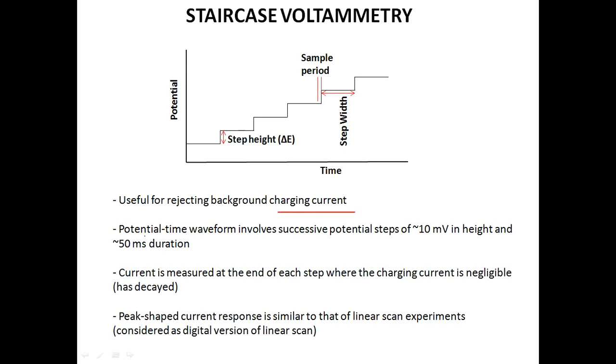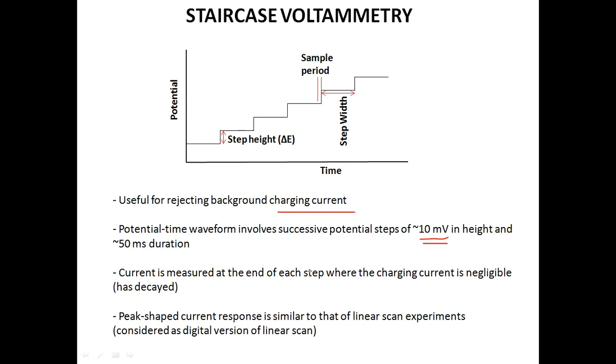The potential-time waveform involves successive potential steps of around 10 millivolts in height. Whereas in differential pulse polarography we applied a 50 millivolt pulse, in this case the potential is increased every time by an increment of around 10 millivolts, and the pulse duration is greater than 50 milliseconds.